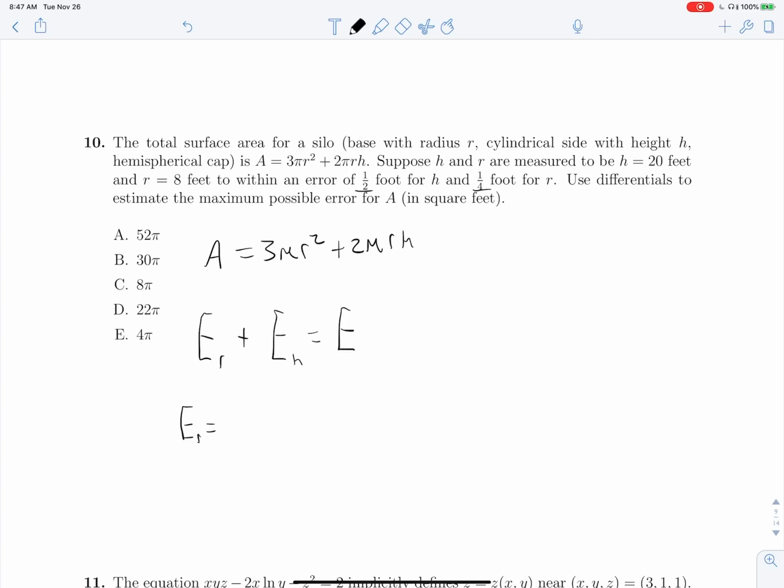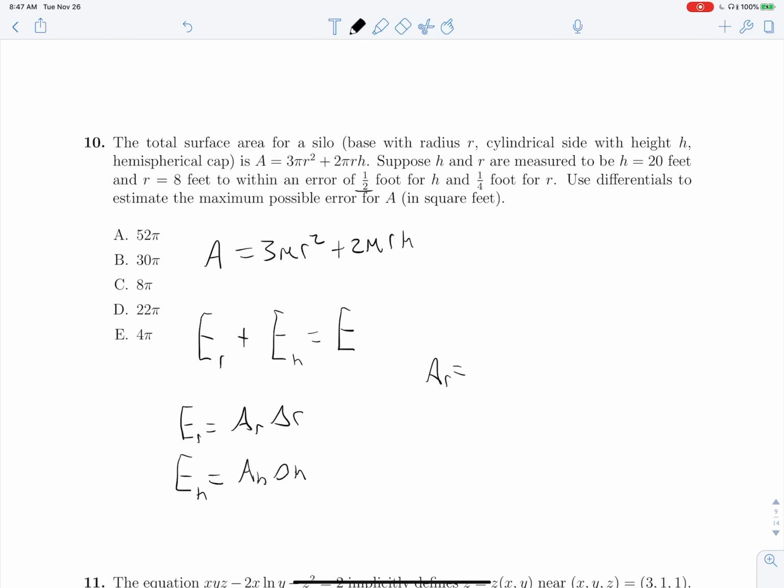Our error function for R is going to be AR delta R, where AR is the partial derivative of A with respect to R, evaluated at our height and radius that they have measured, and our delta R is our maximum error given here. And then finally, our EH is going to be AH delta H. So we can find these.